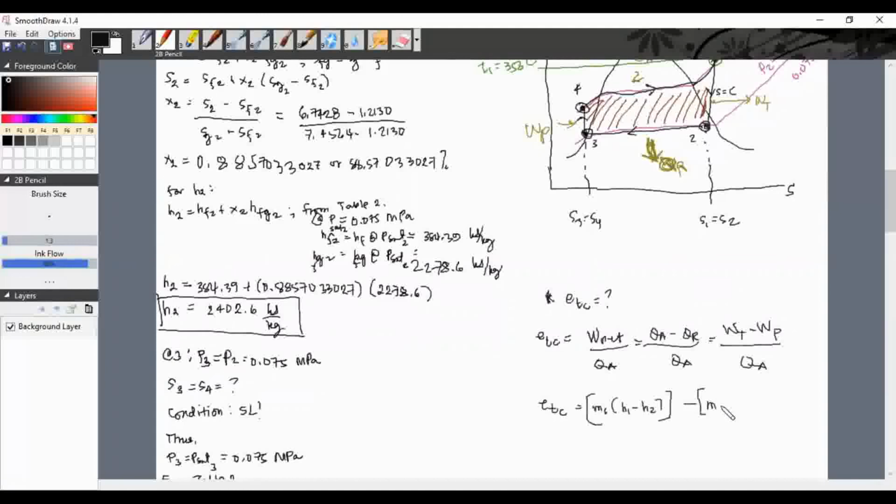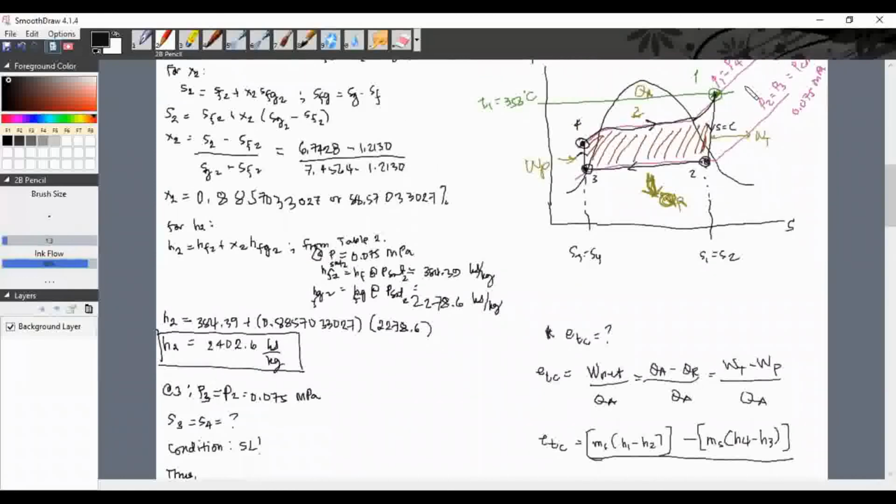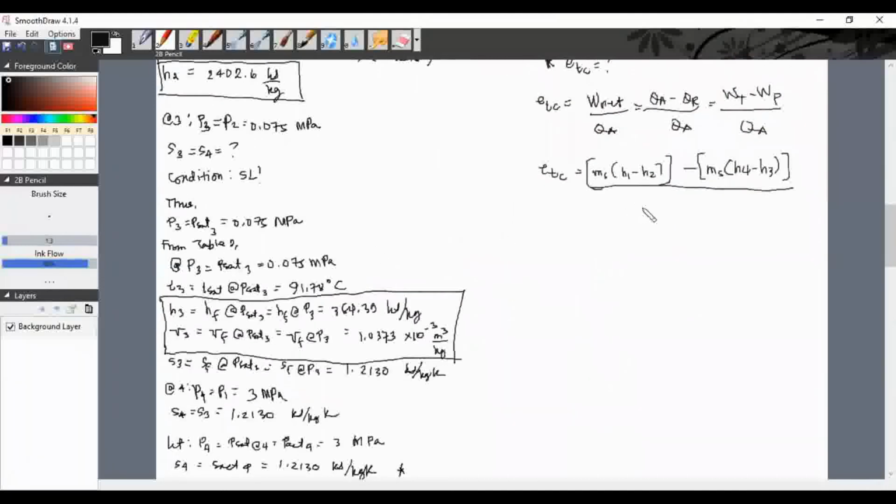So, that is mass of steam times H4 minus H3 all over QA natin. Ito, right minus left. So H1 minus H4. MS times H1 minus H4. So cancel na natin to. And then, makakuha na natin again yung formula. Diba sabi ko alternating lang yan. H1 minus H2 plus H3 minus H4 over H1 minus H4.